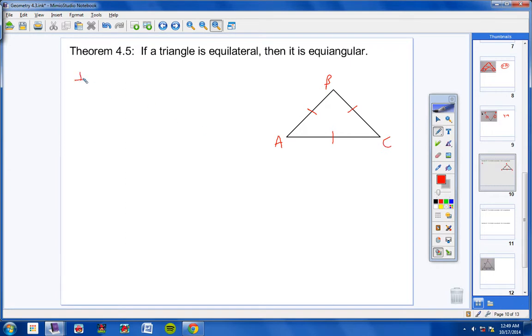Here's what I know. Write this down, please. If triangle ABC is equilateral, then I know that triangle ABC is also equiangular.